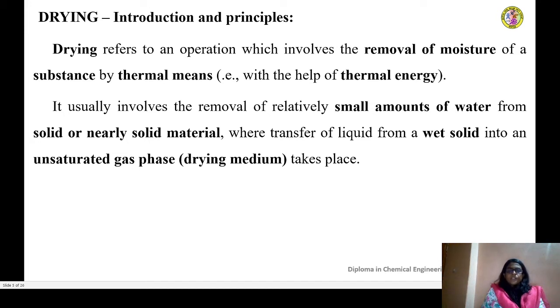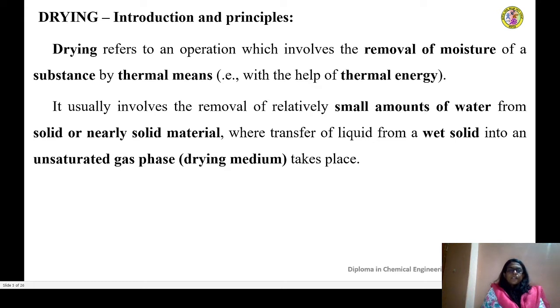Here the transfer of the liquid, that is moisture, from the wet solid or wet substance into an unsaturated gas phase called the drying medium takes place. So there is a contact between the wet solid from which the moisture has to be removed and an unsaturated gas phase, meaning the gas phase is unsaturated with respect to the moisture content.